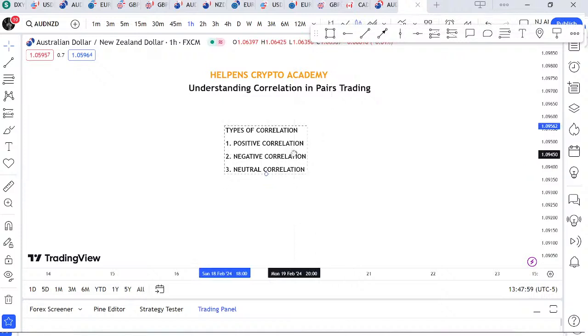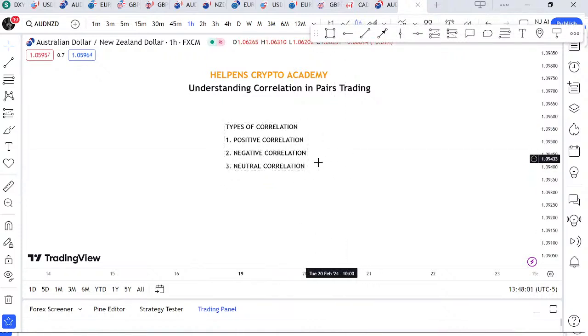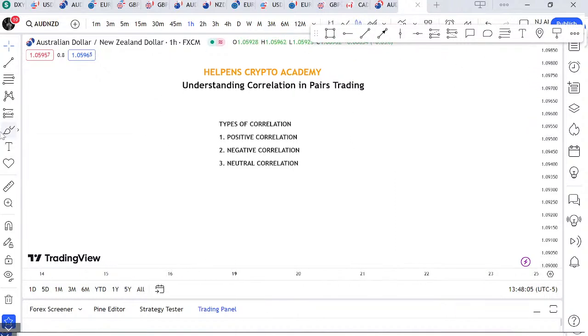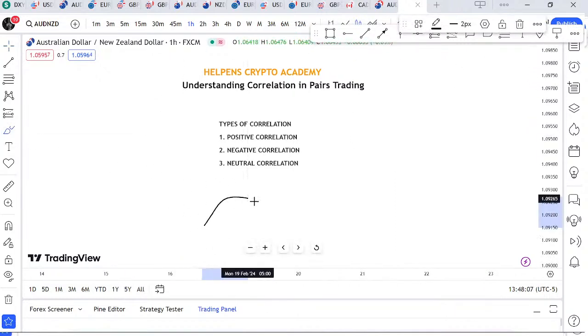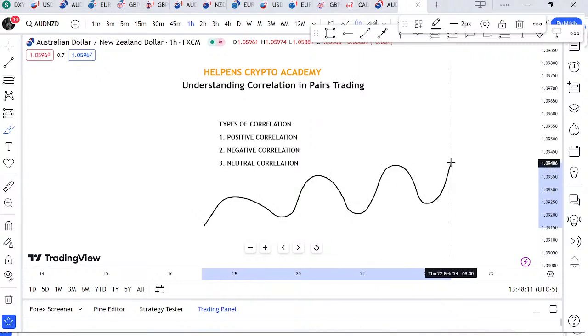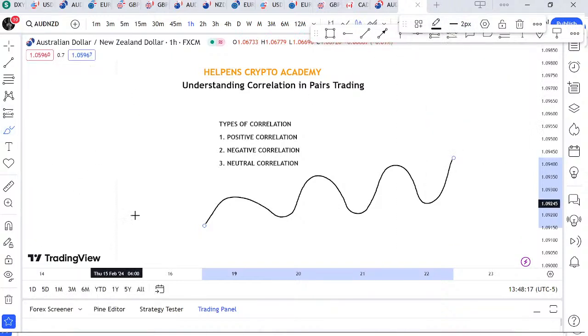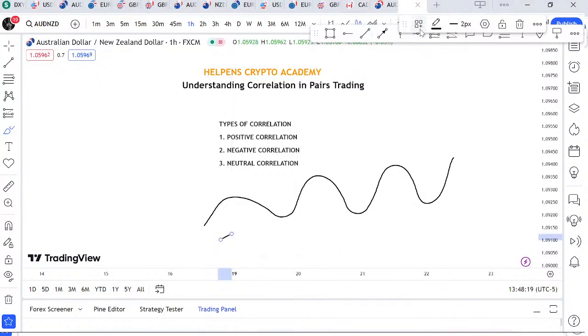Now, the example I just gave is not a perfect example of negative correlation. So let me just draw it here. We have a pair that moves this way, and we have another pair that moves just opposite.